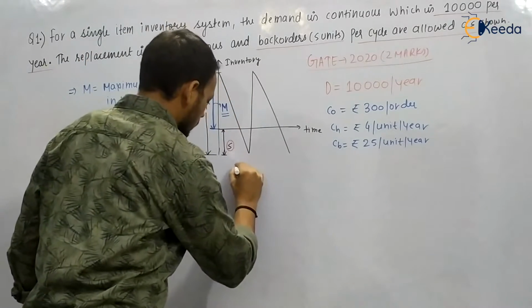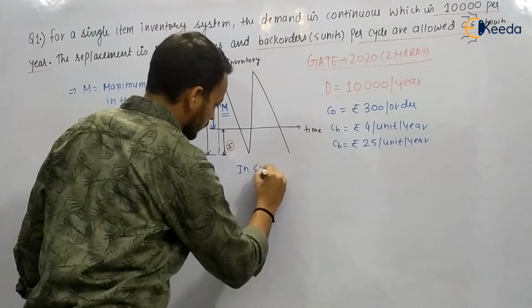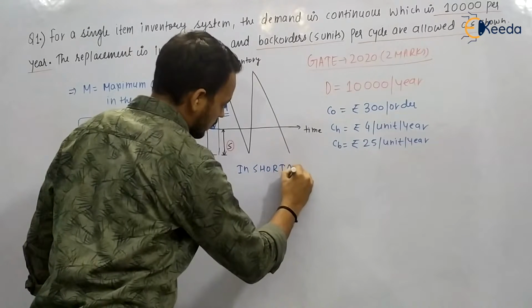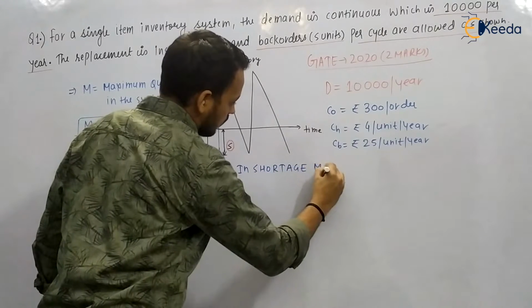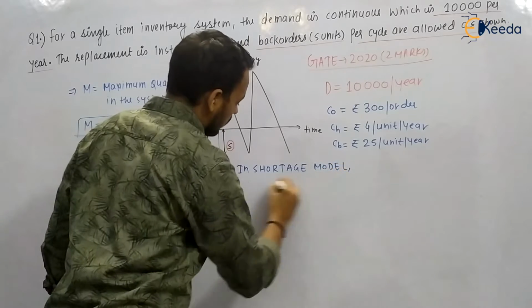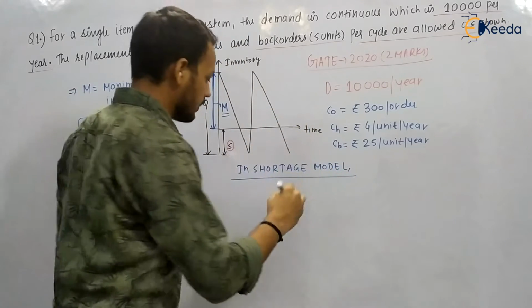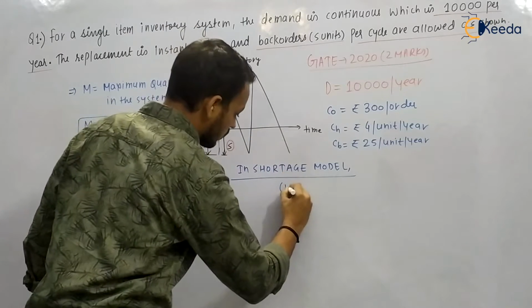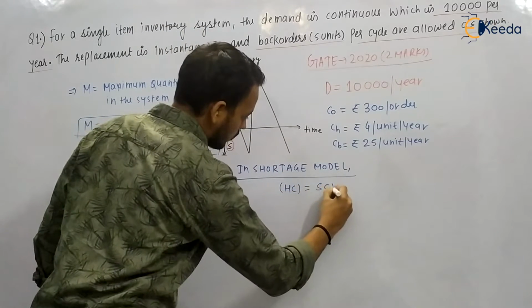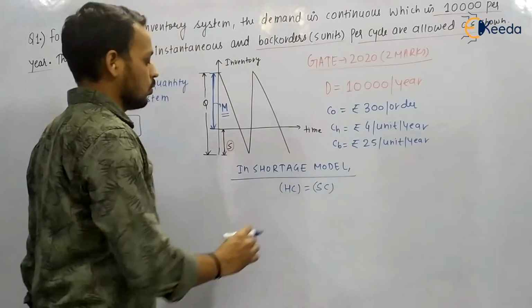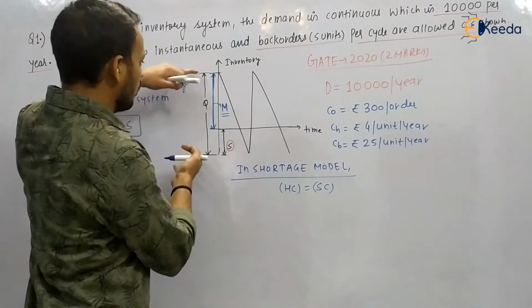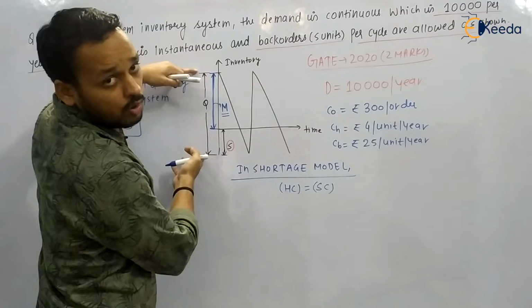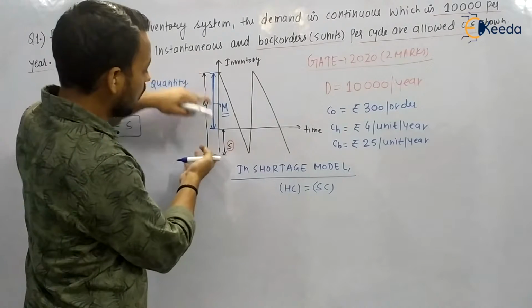In the shortage model, based on the cost minimization criteria, the holding cost becomes equal to the shortage cost or back order cost. So what is the holding cost? You are not going to hold this inventory Q, because S is shortage.